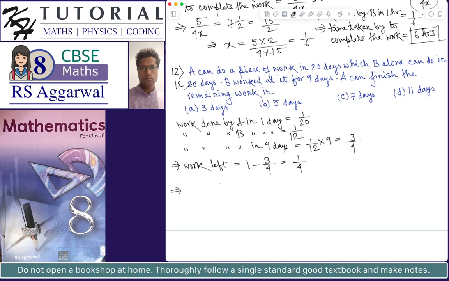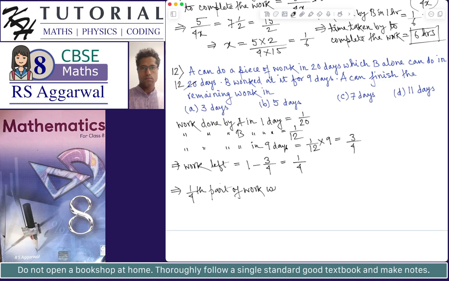So we have to find how much time A will take to complete 1 by 4th of the work. An amount of work of 1 by 4 essentially means it is the 1/4 part of the total work.